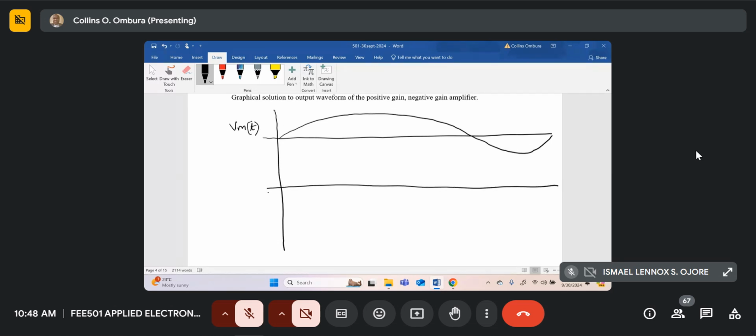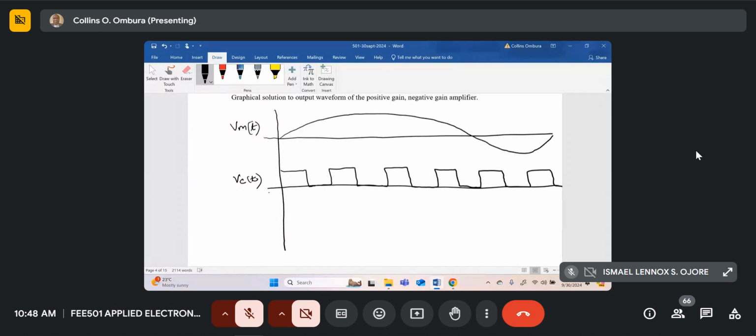And this is your clock, or your control voltage. So this is your Vc of t. Okay.